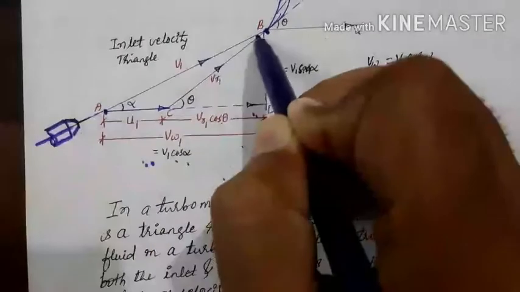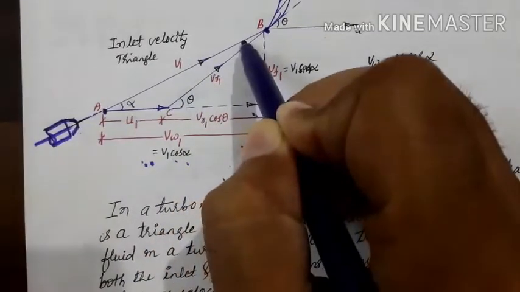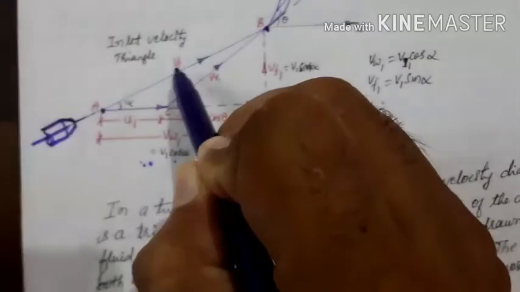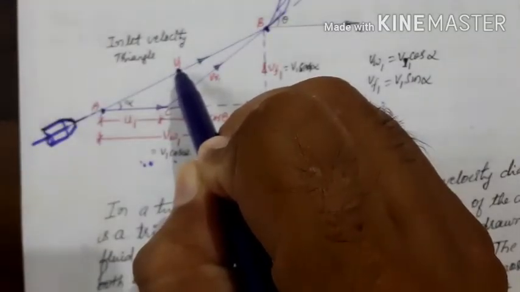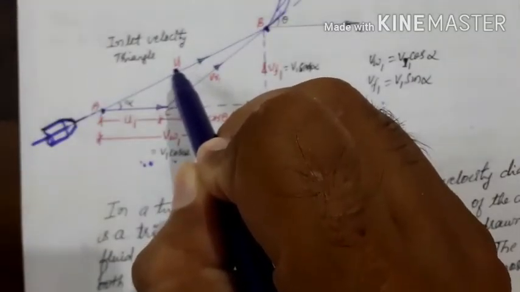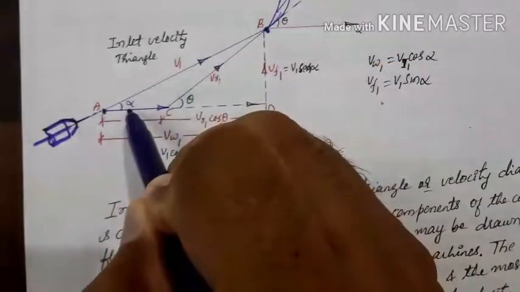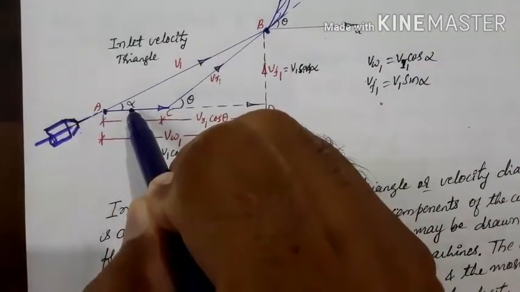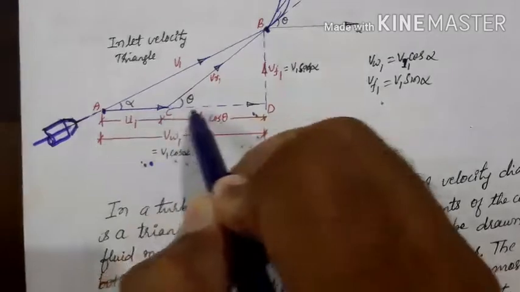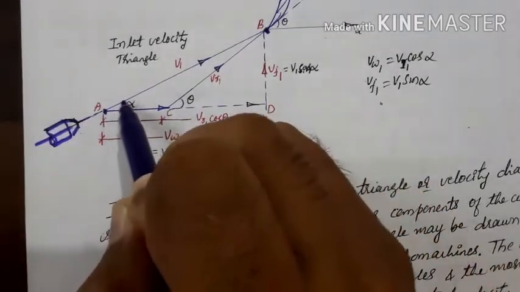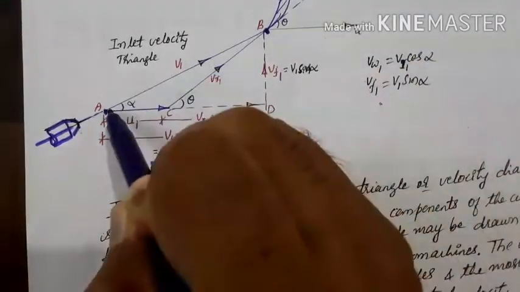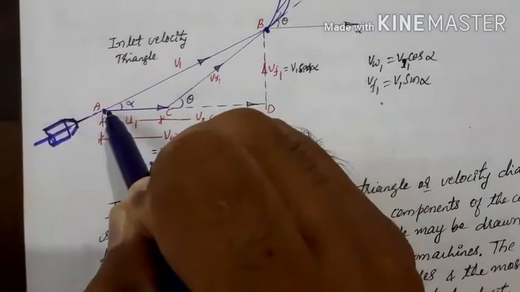This AB is equal to V1, and this will have both magnitude as well as direction. And this V1 will be making an angle of alpha with the horizontal line. Okay, this V1 you have to draw first, V1 is equal to AB.